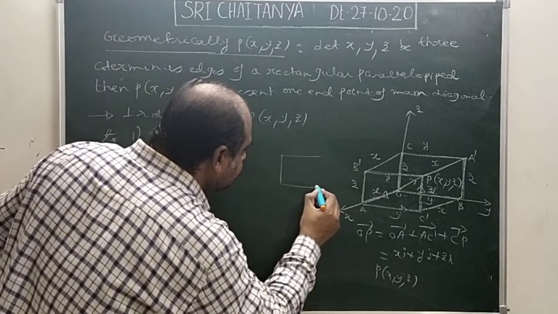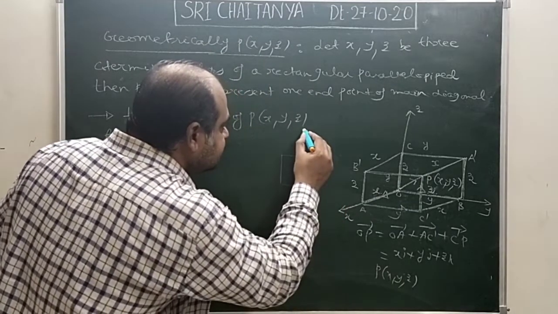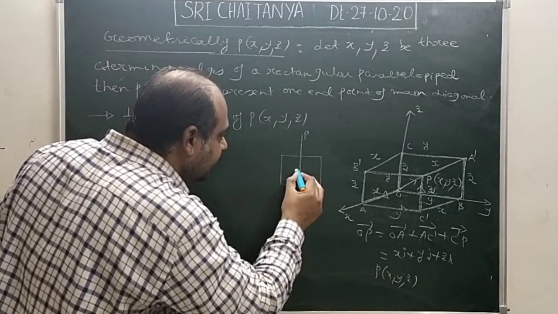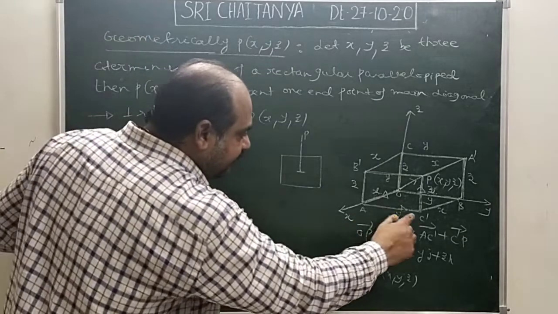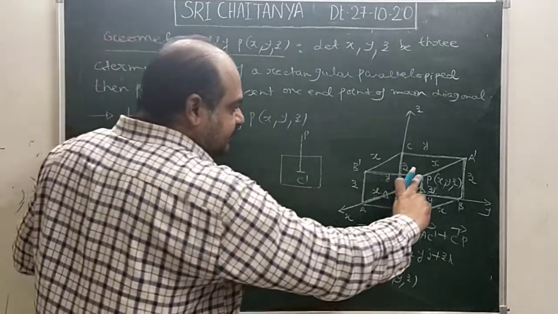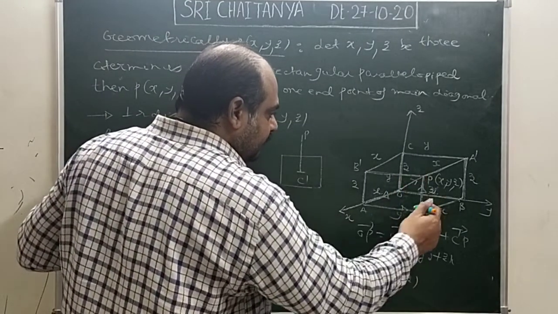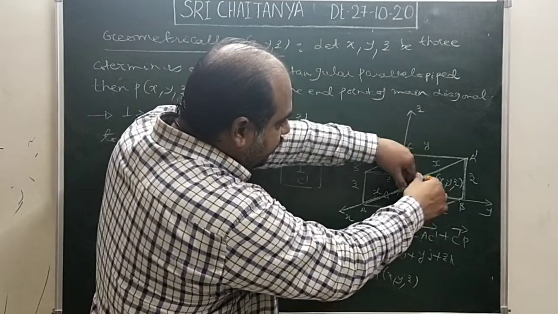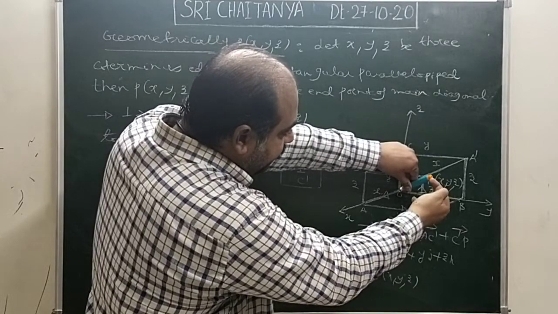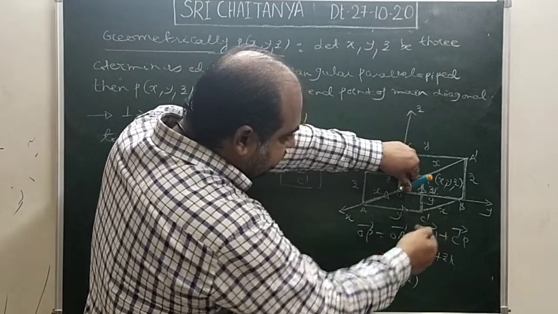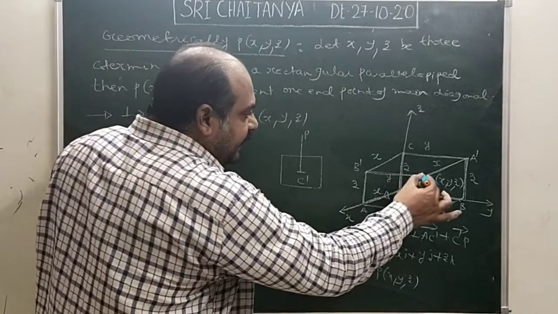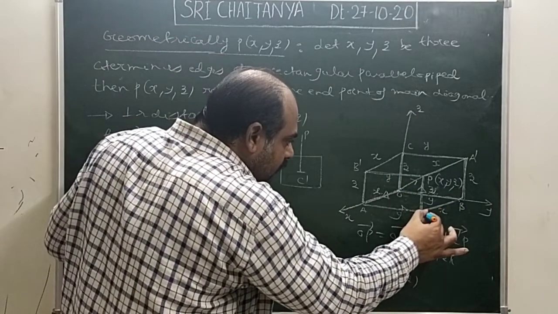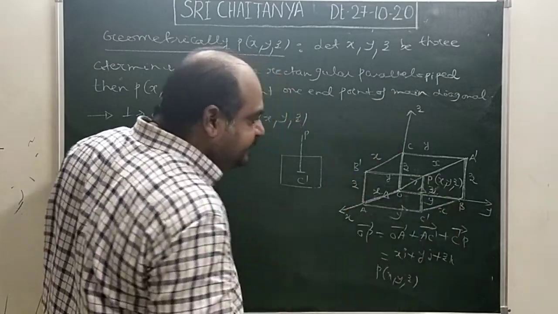Let us assume the XY plane is the ground floor. From point P drop a perpendicular. That meets at C dash. This is PC dash. From P I have dropped a perpendicular to C dash. That is PC dash. The perpendicular distance from P to the XY plane is nothing but PC dash.